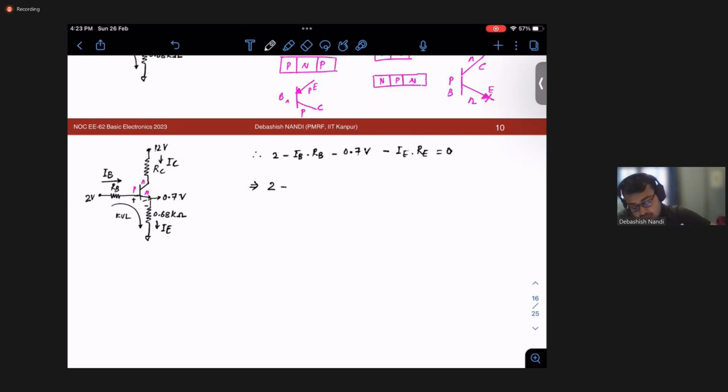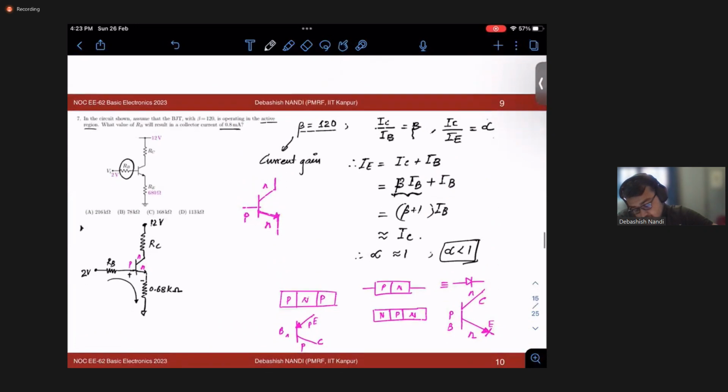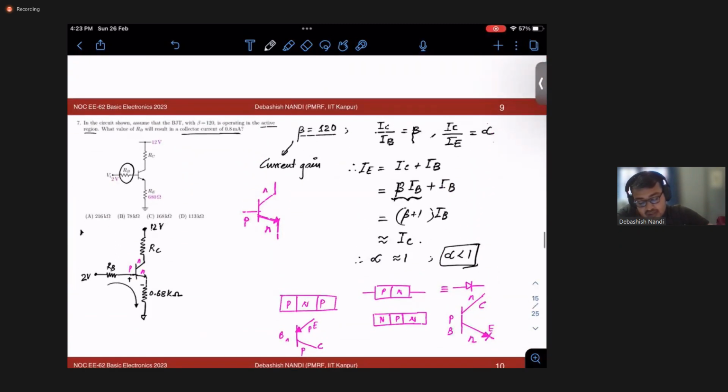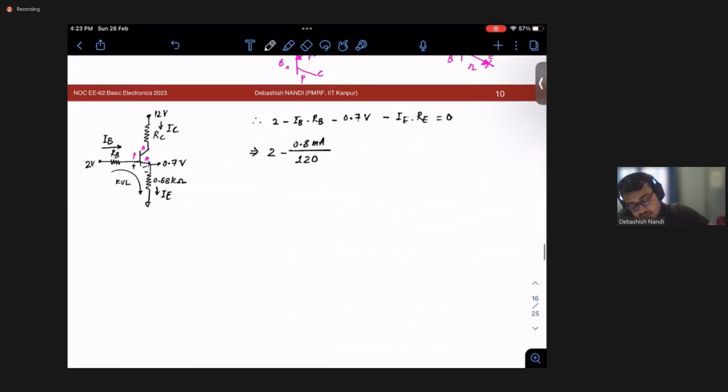How is IB known? The collector current IC, they want us to find, is 0.8 milliampere, divided by your beta, right? We have seen that IB will be IC by beta in forward active mode. So this minus your 0.7 volt minus IE.